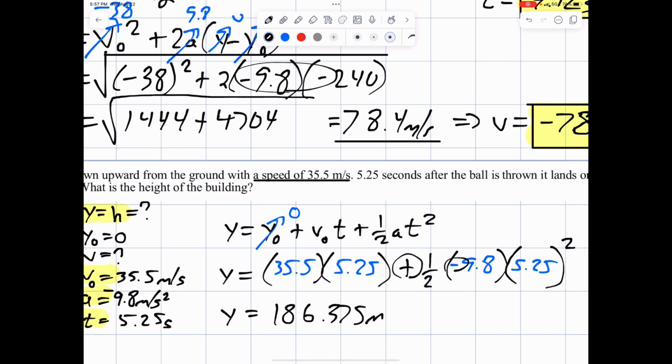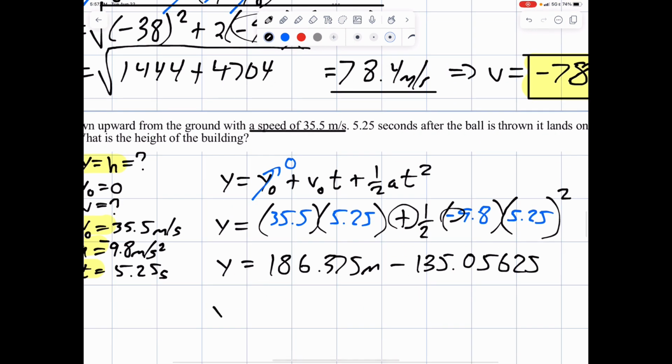Plus a negative means we're subtracting, so we go 5.25 squared times 9.8, and then take half of that, which would be 135.05625.